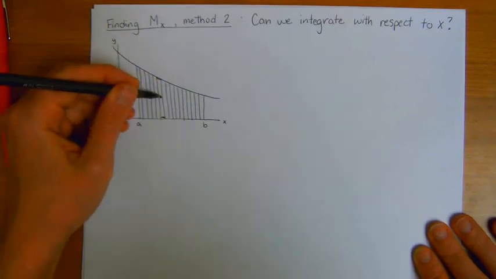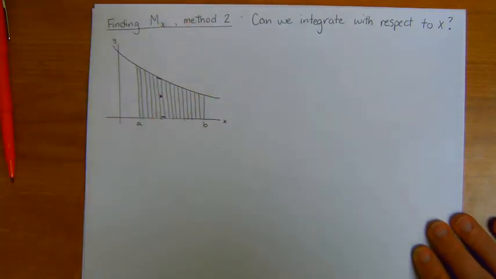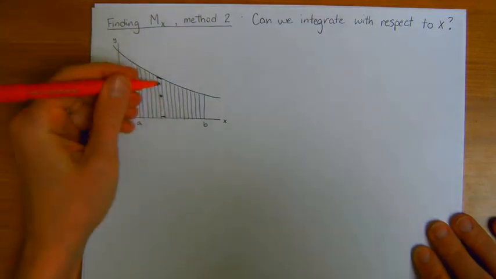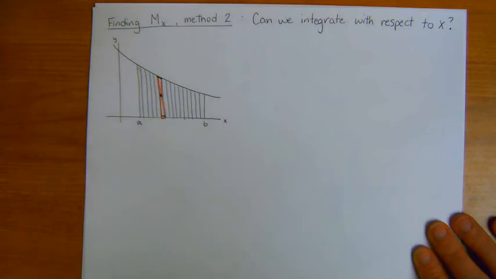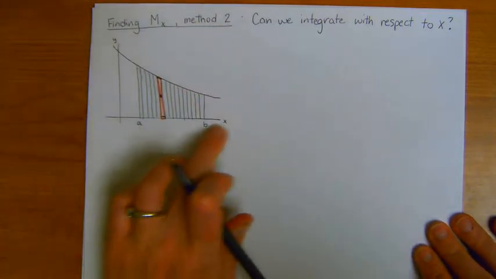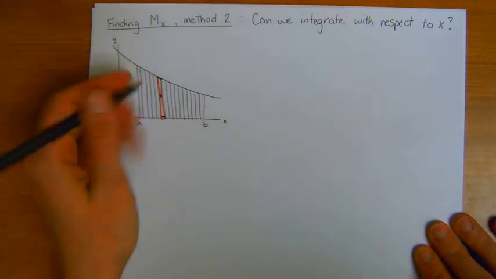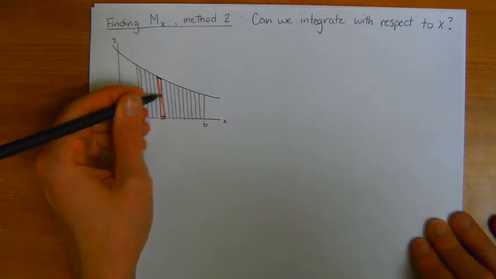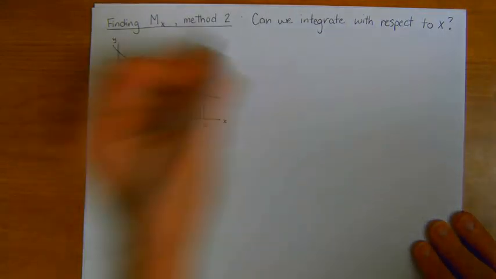So, what did all that say? It means that if I want to look at the moment for this jth strip right here, with respect to the x-axis, I can consider what's going on with the midpoint of this strip.